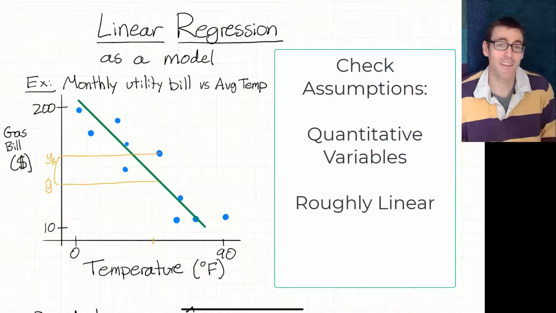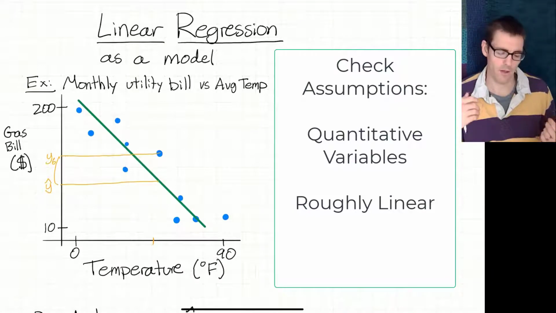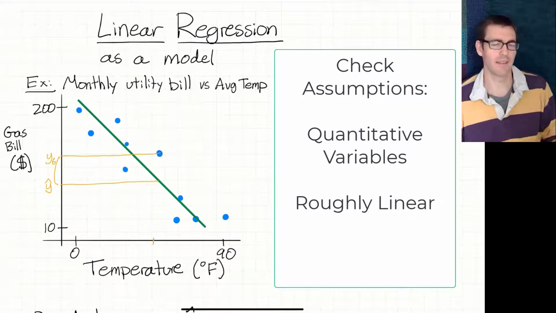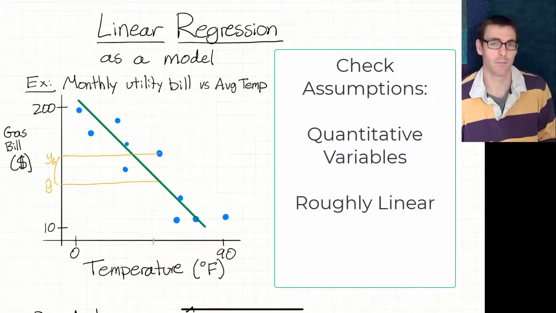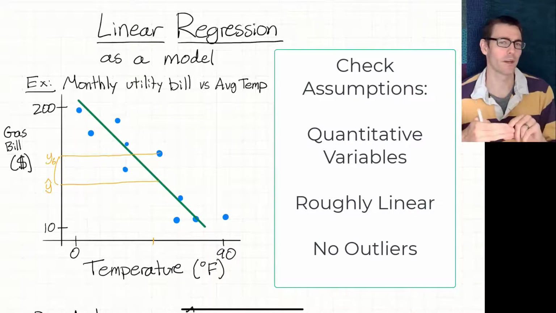Now, how exactly we can tell if maybe it's close, we'll get to in a little bit. But for now, this first step is really, let's just look at the plot and tell, does it appear to be linear? The third condition is that we want to avoid outliers.